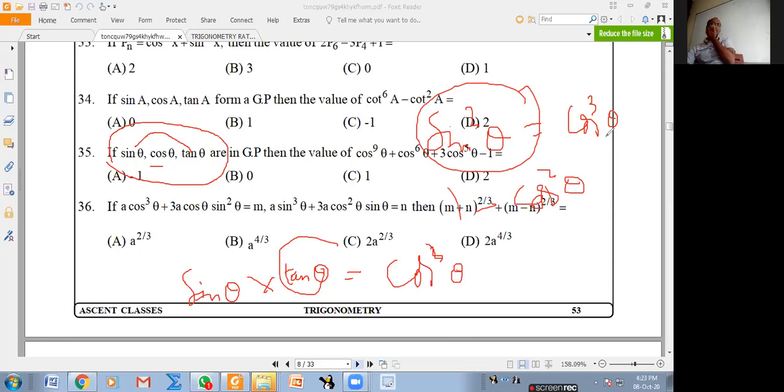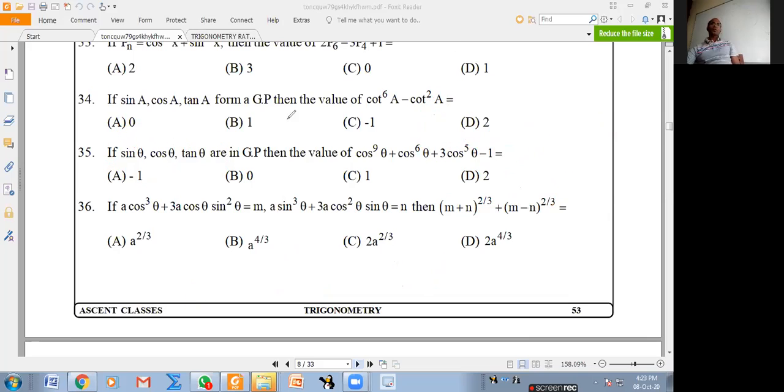This cos square theta goes that side. Cos square theta plus cos square theta will become 1. Okay, so that's how the rest of the solution follows. So finally, by taking the GP, we proved cos square theta plus cos cube theta equal to 1.